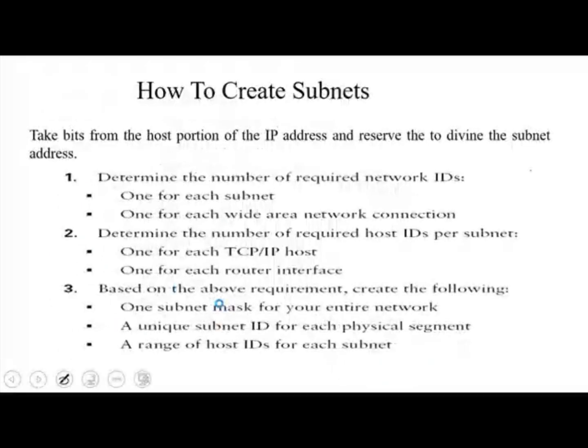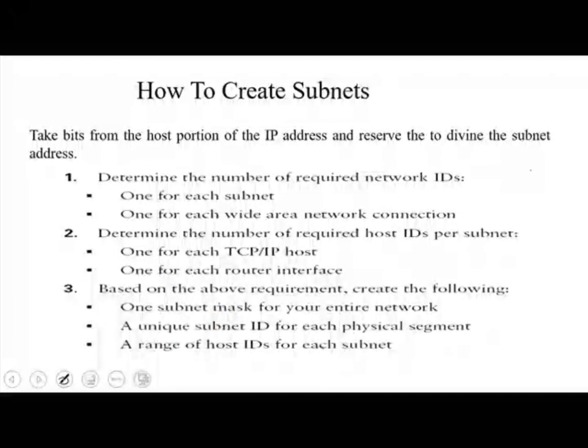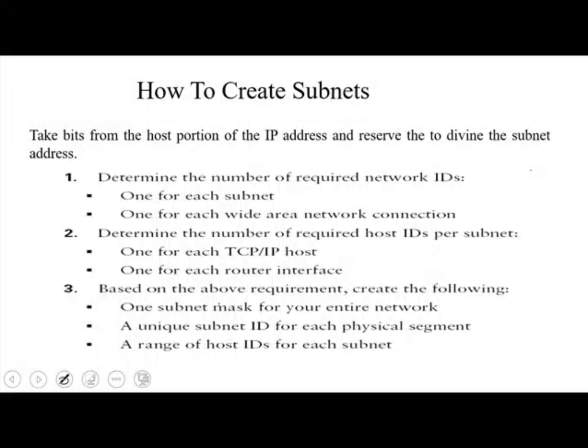And to subnet, here is how to create subnets. Take bits from the host portion of the IP address and reserve them to define the subnet address. Normally in subnetting, we borrow bits from the host portion and move them towards the network portion.